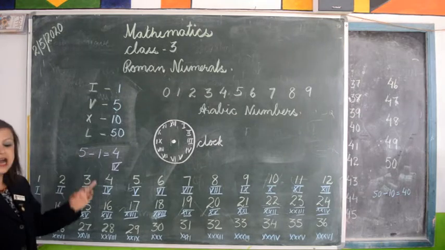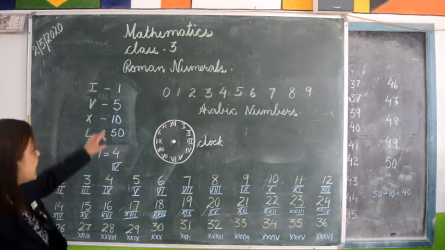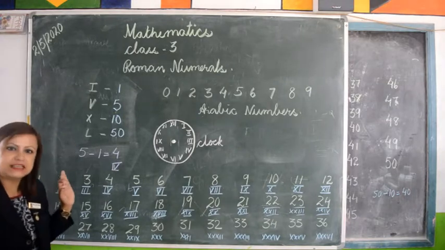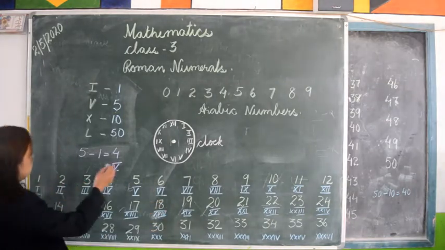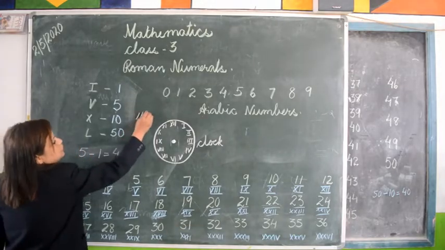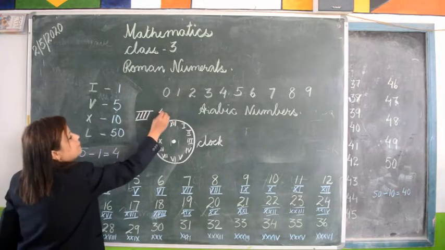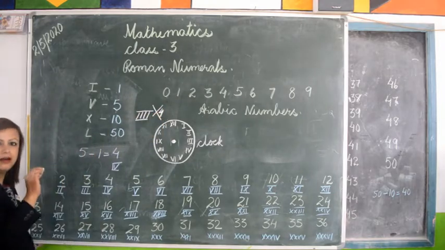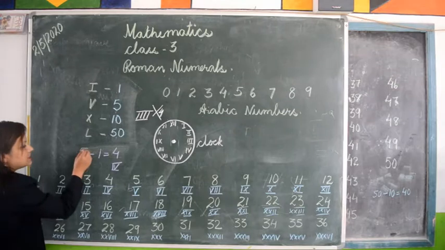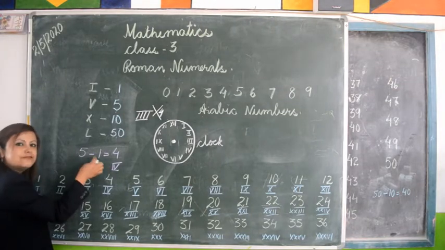Did you understand? Again, I repeat, we cannot write these letters more than 3 times. We cannot write 1, 2, 3, 4 I's to make the number 4. This is wrong. What we have to do is subtract 1 from 5.